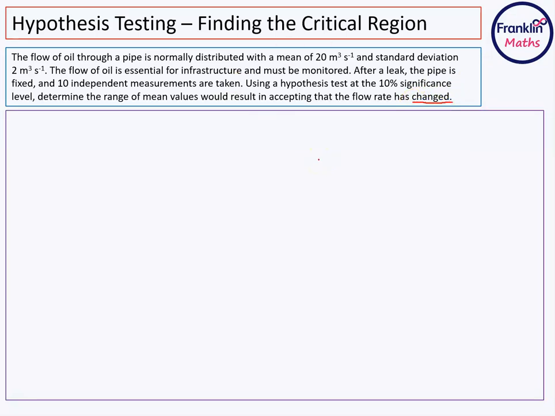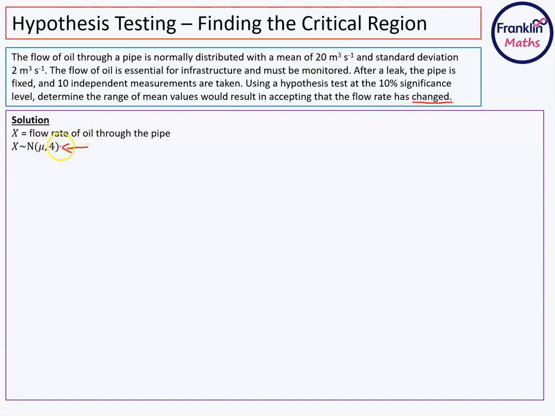Okay, so first thing we're going to do is jot down what we know. Let X equal the flow rate of oil through the pipe. Again, that line goes in there. We know it's normally distributed with a mean, well, that's what we're testing. Now the standard deviation was 2, so that means the variance is 4.